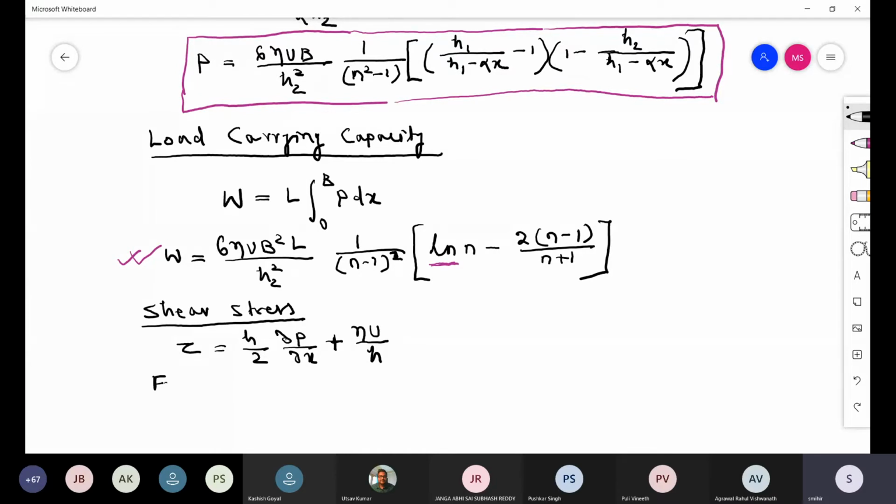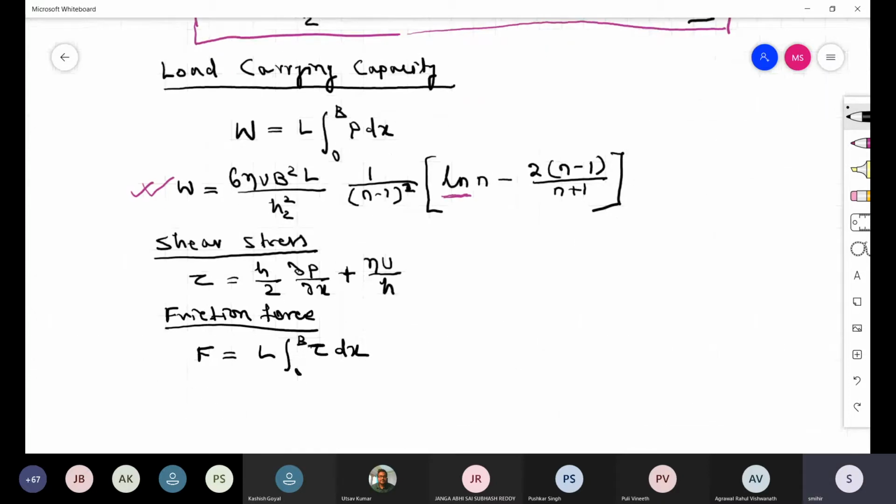Then you find the friction force. So friction force will be F equal to, again, integration from 0 to B of this shear stress over the width, that is, tau dx.